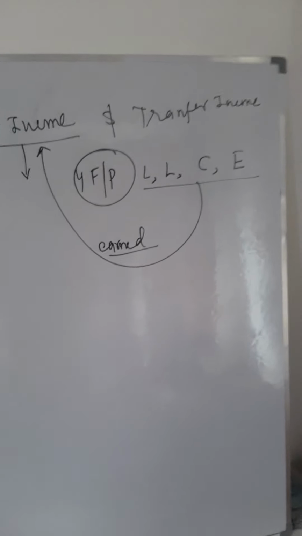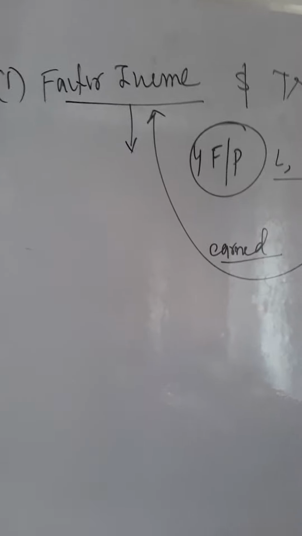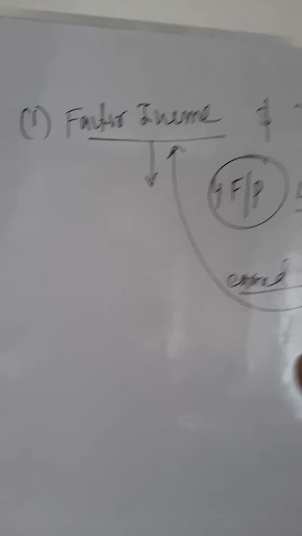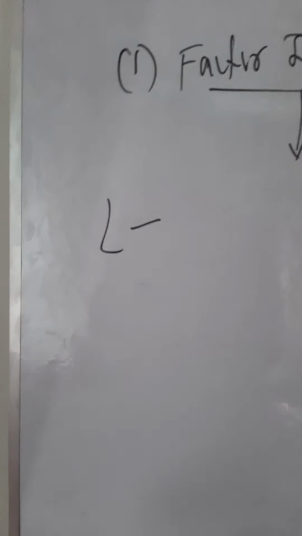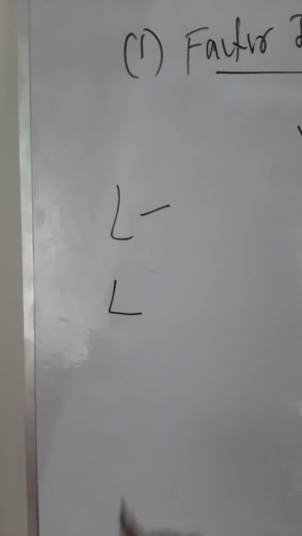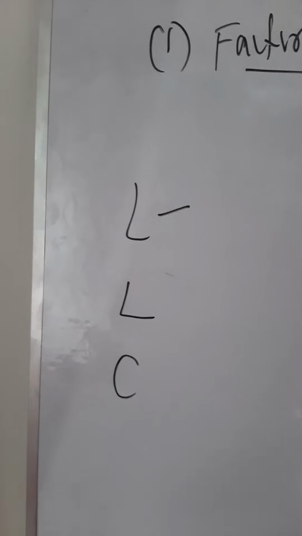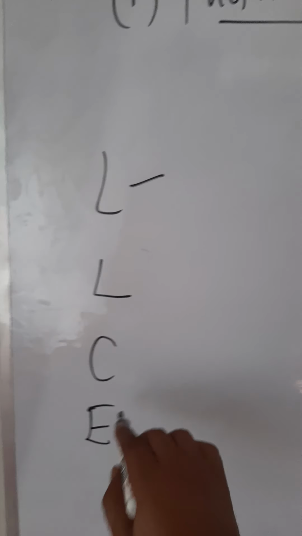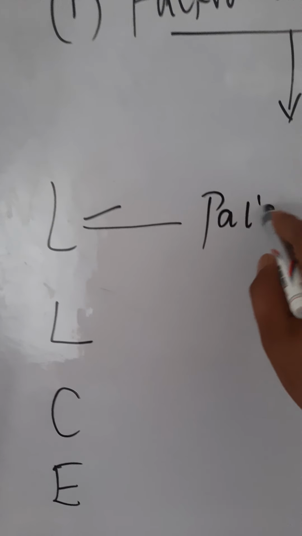Simple thing is, one more thing is that when any factor is providing its services, when land provides its services, when labor provides its services, when capital provides its services, when entrepreneur provides its services, simply they are being paid.